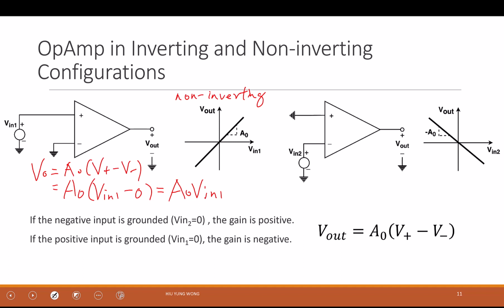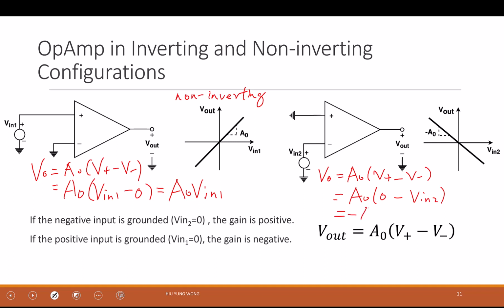It has a gain. So similarly, I can do the same thing by grounding the plus terminal, right? So I repeat what I wrote earlier. This is just from the cheat sheet. And then I say V plus is 0 because I ground it. And V minus is my input now, right? Although I call it input 2, you can call it anything, V in, right?